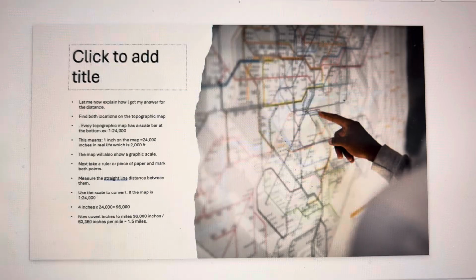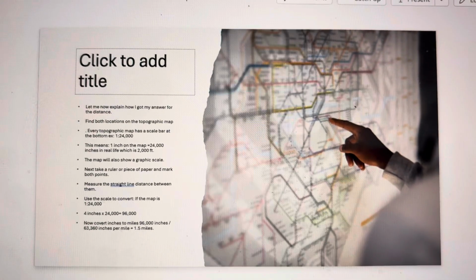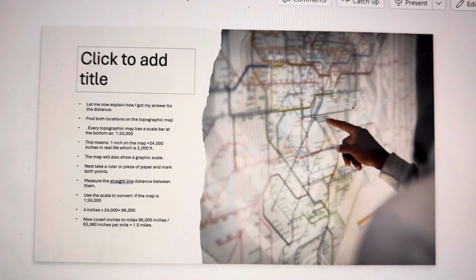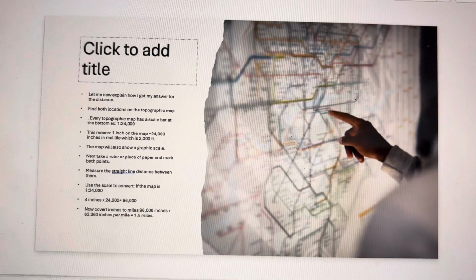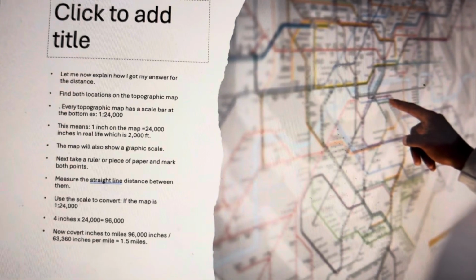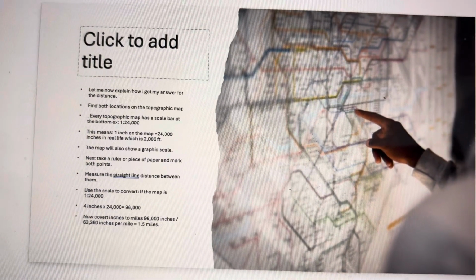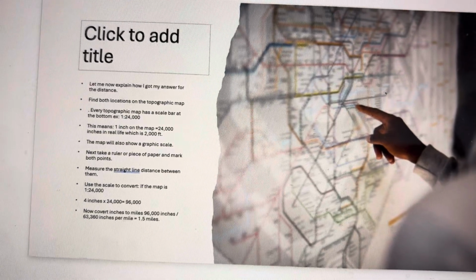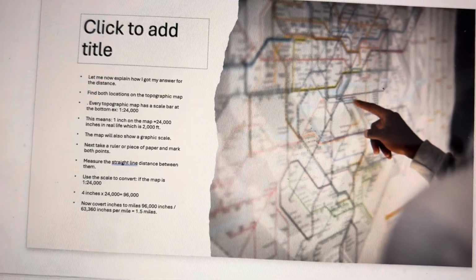We're gonna find first, obviously, the locations on the map that you wanna calculate the distance. And the map has a scale bar at the bottom. For example, as you see here, 1:24,000. This means 1 inch on the map equals 24,000 inches in real life, which means 2,000 feet.